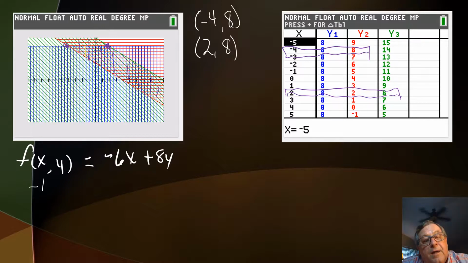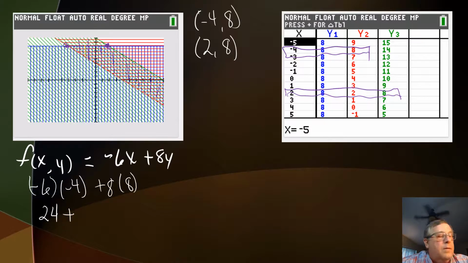We've got negative 6 times negative 4 plus 8 times 8. Negative 6 times negative 4 is positive 24, and 8 times 8 is 64. And 24 and 64 is 88.